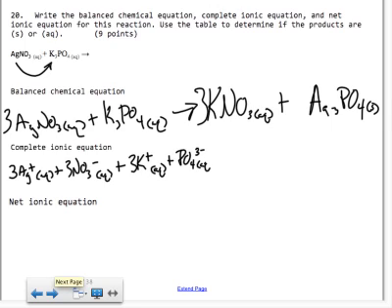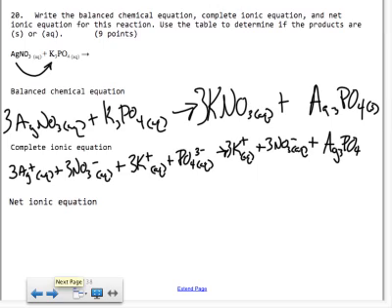All those are aqueous, and the products are 3 potassium ions and 3 nitrate ions. Those are both still aqueous, soluble. And then we have the silver phosphate, Ag3PO4, which is solid. That's your precipitate.